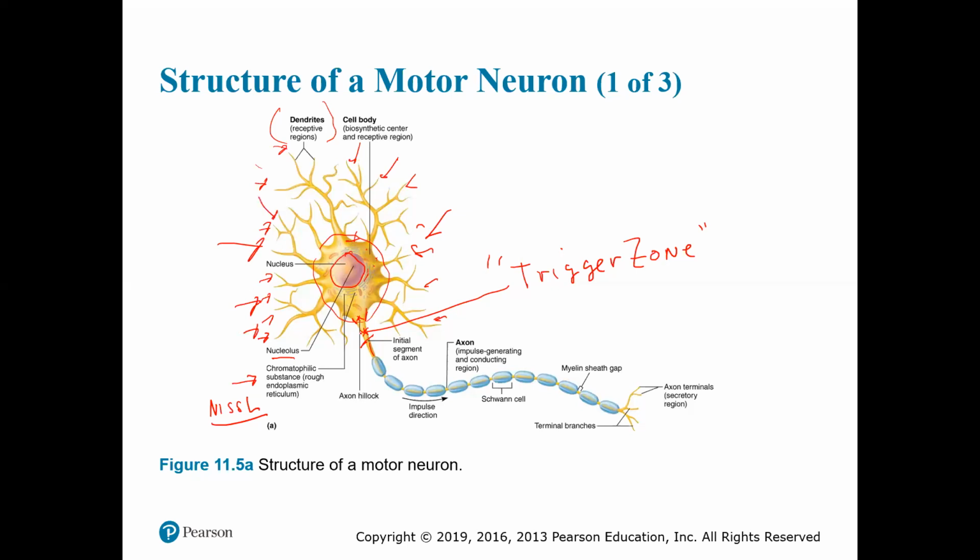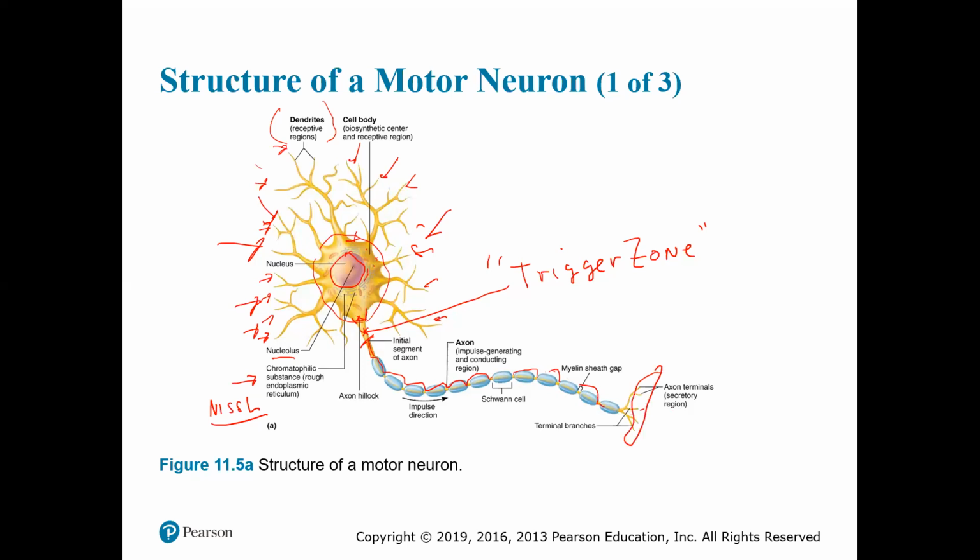And if you get enough excitation into this spot between the axon hillock and the initial segment of the axon to cause an action potential, then the action potential will continue down the axon, depolarizing every segment of this axon until it gets to the axon terminal, which is going to secrete the neurotransmitter.